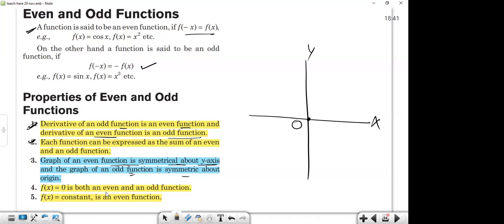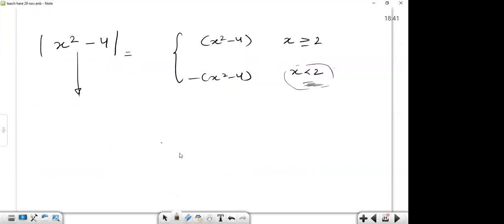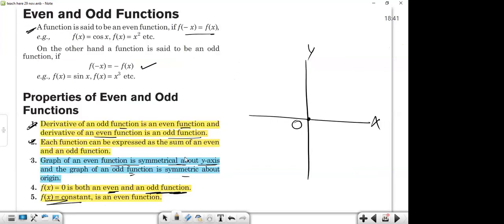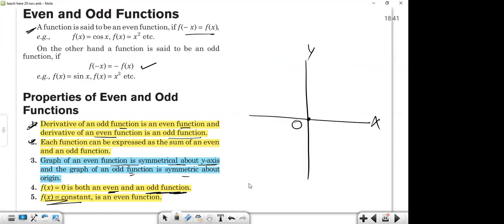f of x equals 0 is both an even and an odd function. f of x equals constant. There's a contradiction, I guess. Every constant function is an even function. f of x equals 0 is an even function as well as an odd function. No, there is no contradiction.